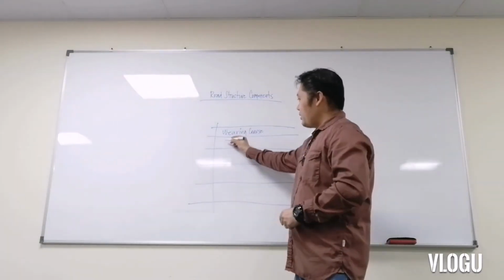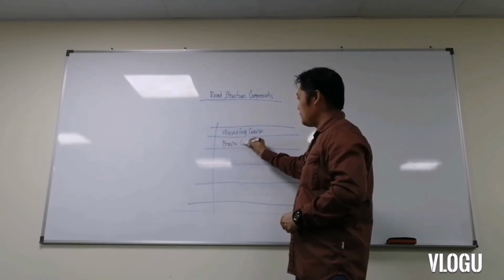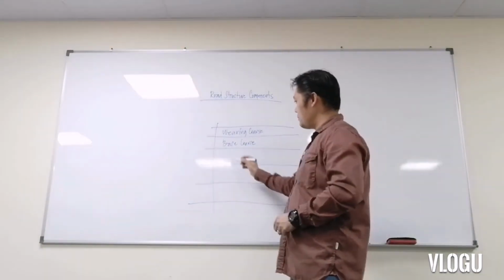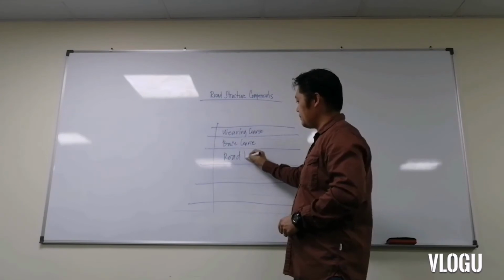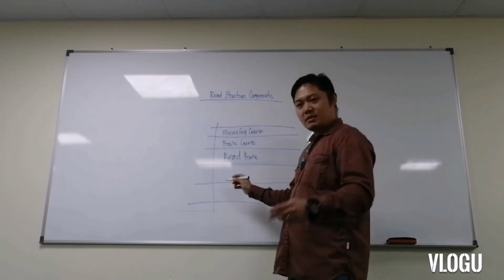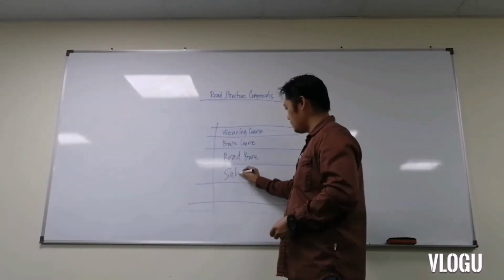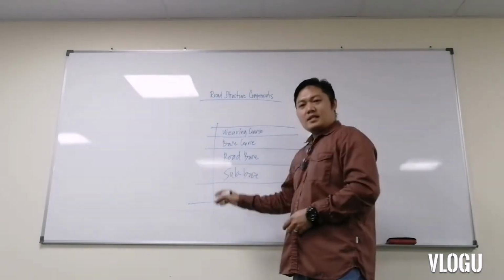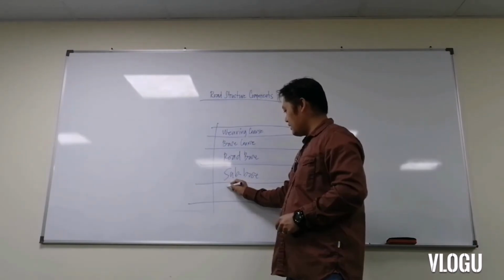Below that, we have the asphalt base course. And then at the same time, we have the road base. Below that, sometimes we have the subbase. It depends on the design. And lastly, the road foundation, which is the subgrade.